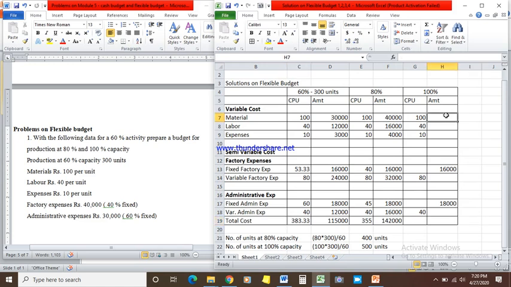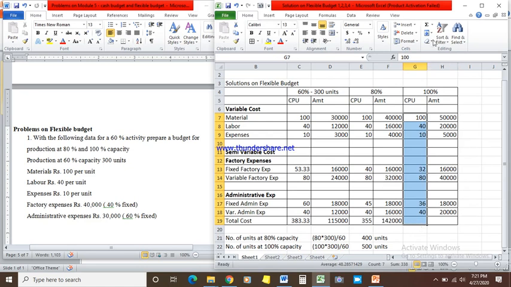Now finally, when you are going for 100% capacity where you are manufacturing 500 units, so the cost pattern 100 into 500, 40 into 500, 10 into 500, whereas again 16,000 you divide by 500, so 80 into 500, so 18,000 divided by 500, 40 into 500.